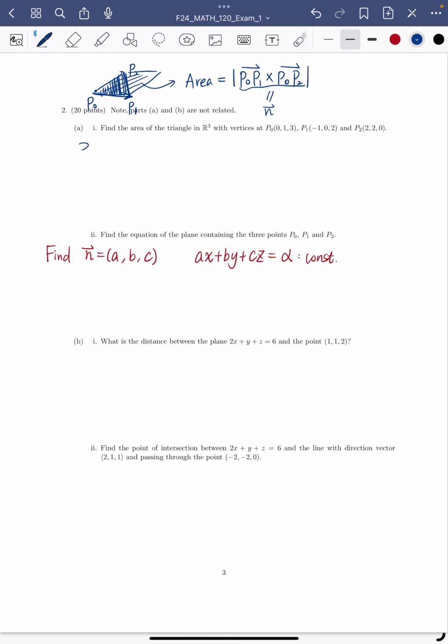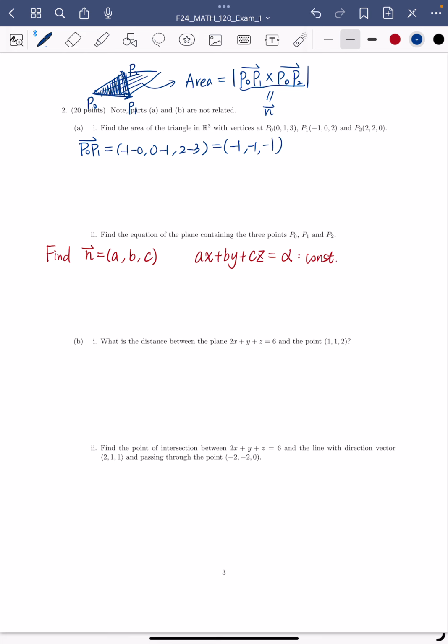So we first compute this vector, which is -1, -0. Okay.